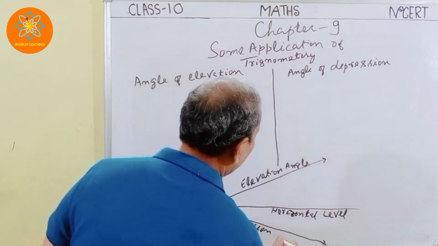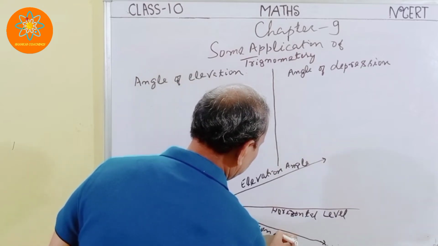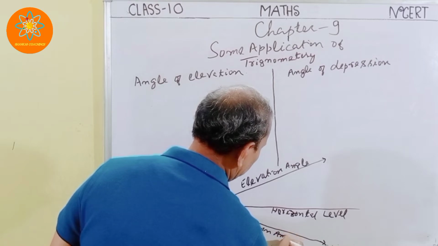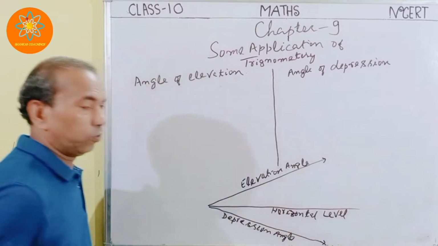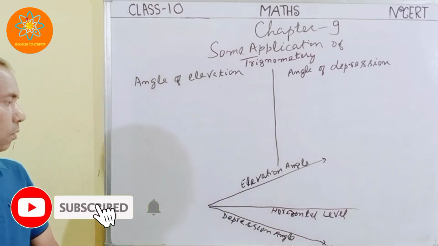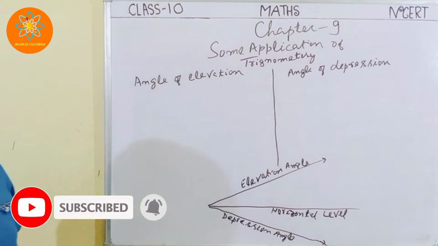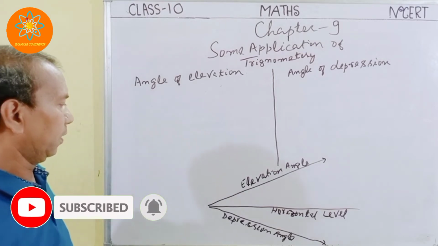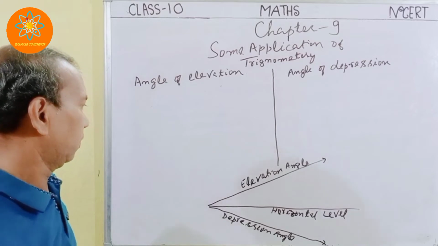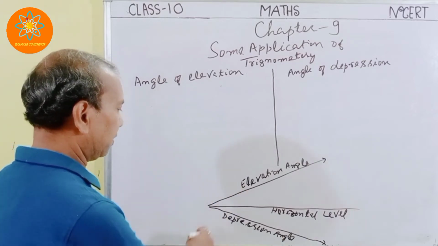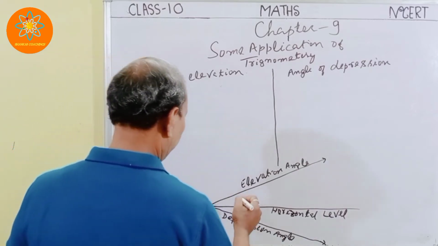Depression angle. So two types of angles are there. One is the elevation angle, another is your depression angle.